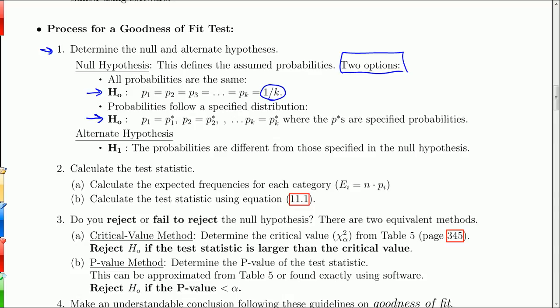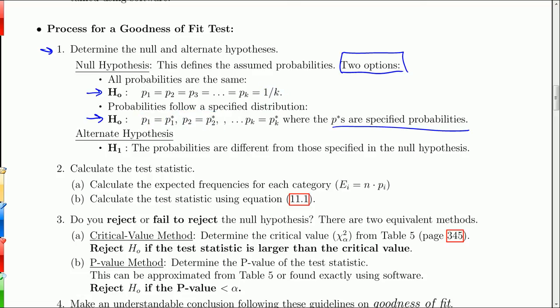You also might have a case where you have a specific expected probability, where these are specified, and we'll do an example like that in a minute. But you're saying, all right, the probability of outcome 1 is a given value, the probability of outcome 2 is a given value, on and on and on. As opposed to saying they're all equal, you actually give them a specific value.